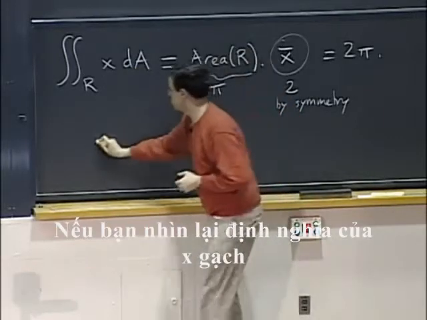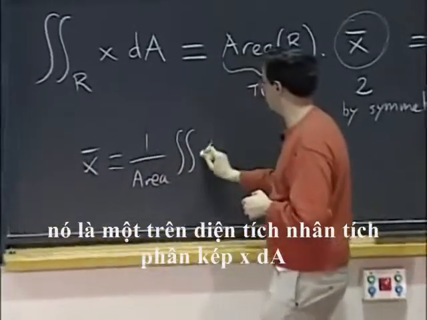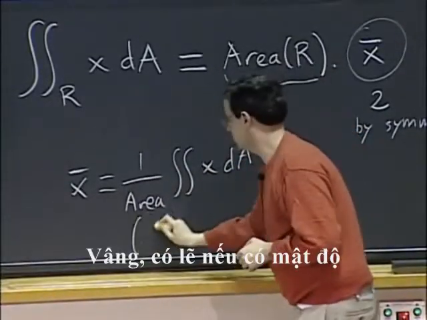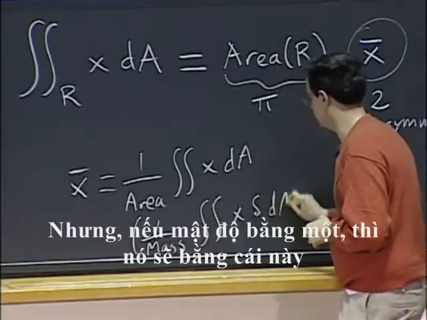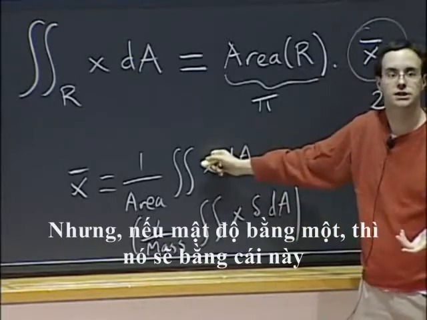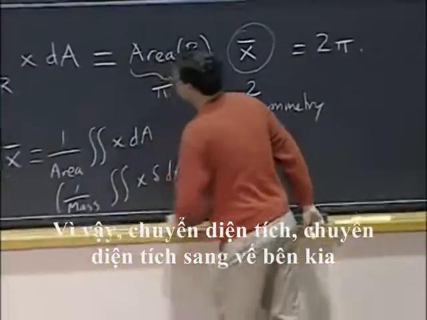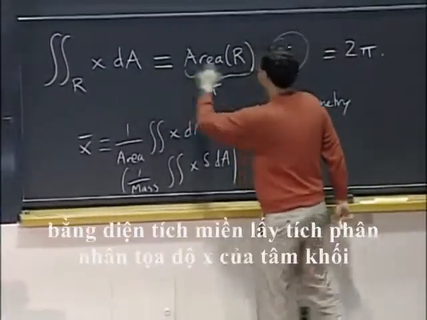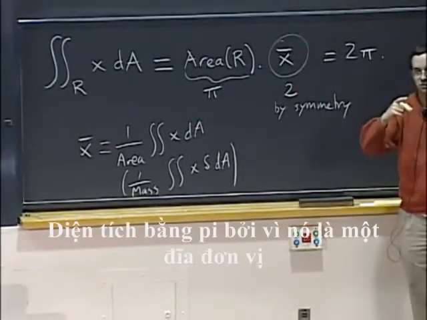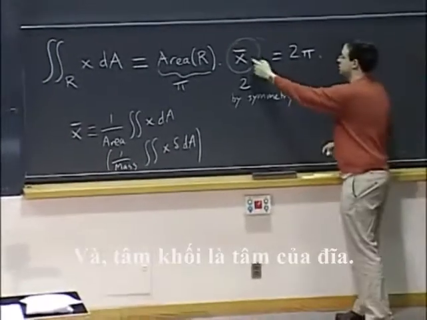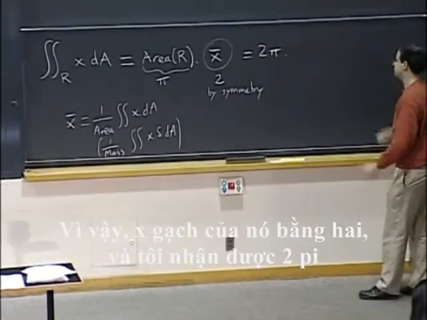If you look again at the definition of x bar, it's 1 over area times double integral of x dA. Maybe, if there's a density, then it's 1 over mass times double integral of x density dA. But if density is 1, then it just becomes this. So, moving the area to the other side, I'll get double integral of x dA is the area of the region times the x coordinate of the center of mass. The area of the region is pi because it's a unit disk, and the center of mass is the center of the disk, so its x bar is 2. And I get 2 pi.